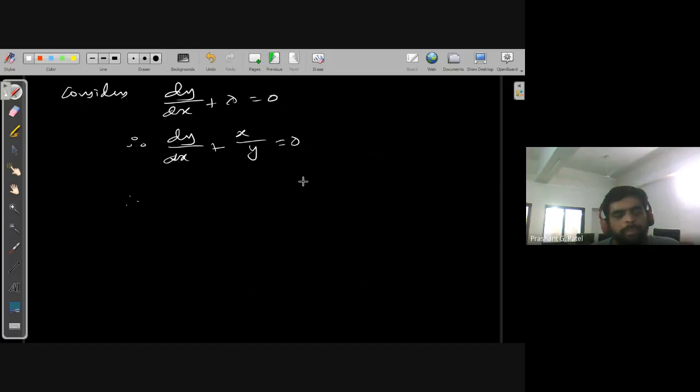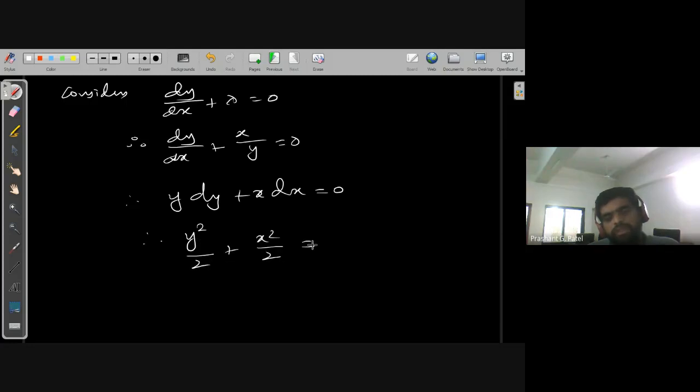Now if I use the separable variable method, this is y dy plus x dx equal to 0. If I integrate both sides, this gives me y square by 2 plus x square by 2 is equal to some constant. I'll assume that constant is c square by 2.